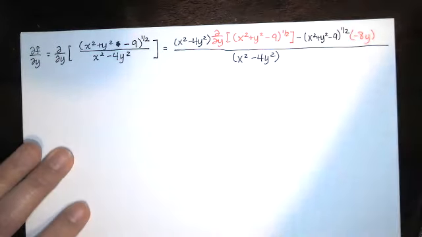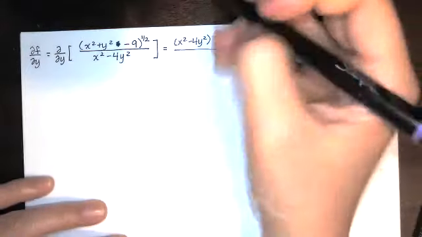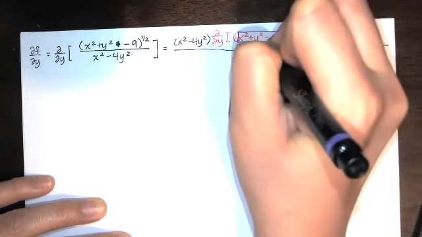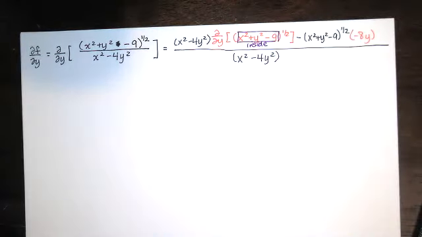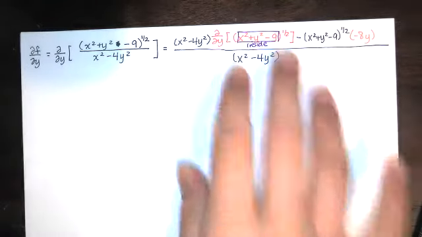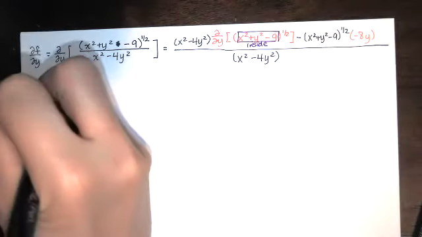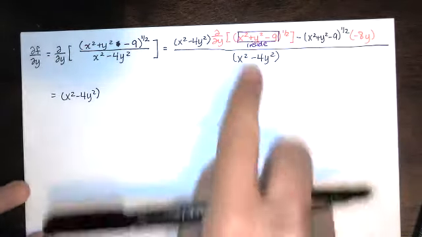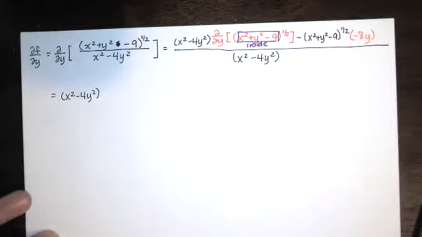And here, what I have is a function nested inside another function. All of that is inside those parentheses. It's being raised to the 1/2 power. So I'm going to have to use the chain rule for that. So the x squared minus 4y squared there. And then I want to take the derivative of a function to the 1/2.